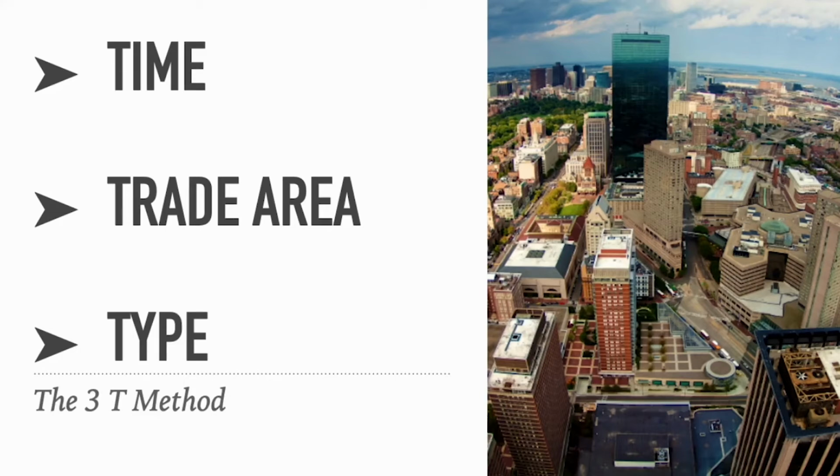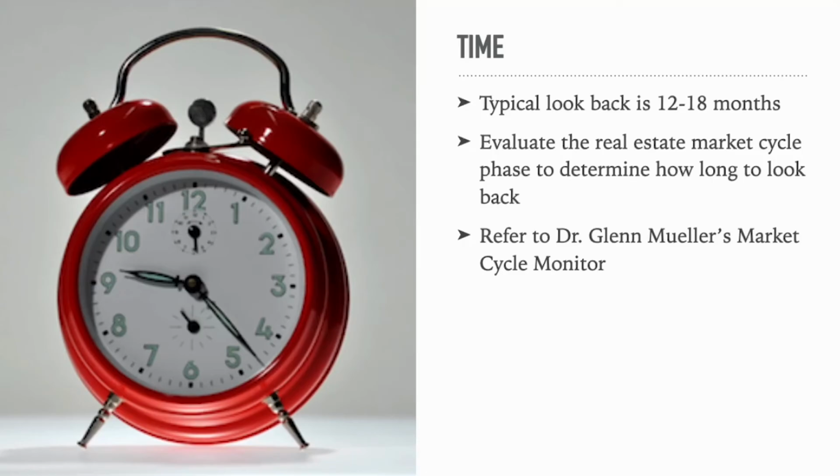Okay? So the very first component here, time, typically we're looking back 12 to 18 months at real estate transactions in order to get to a sales comparison valuation that's reliable. Okay, so that's usually the time period.